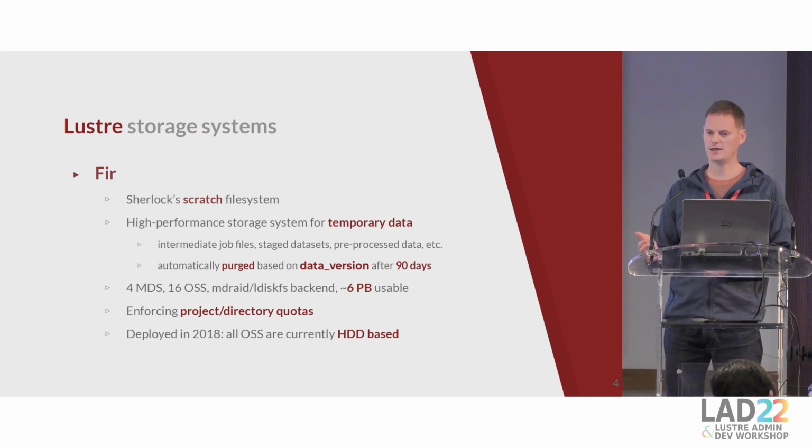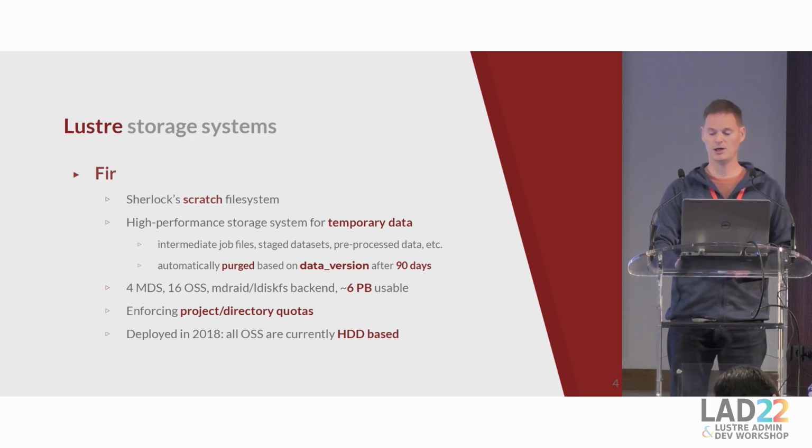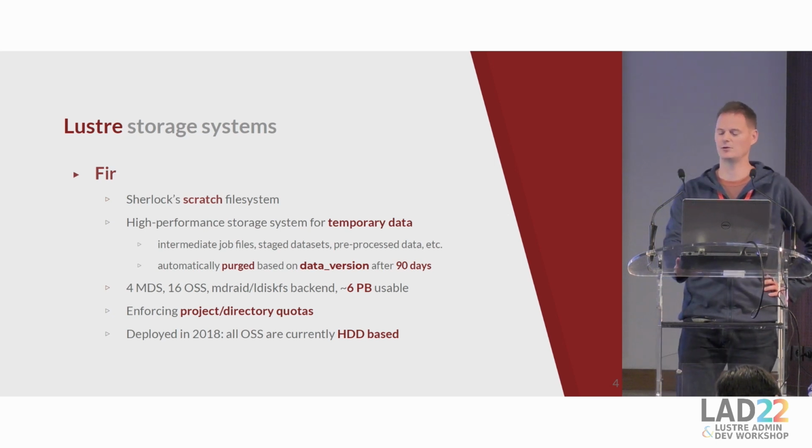So if the content of the file is not modified after 90 days, it's removed automatically. So Fir is about 6 petabytes usable, and we have been using Project Quotas for many months now. We're very happy with that. But it was deployed in 2018, so all OSTs are currently HDD based.